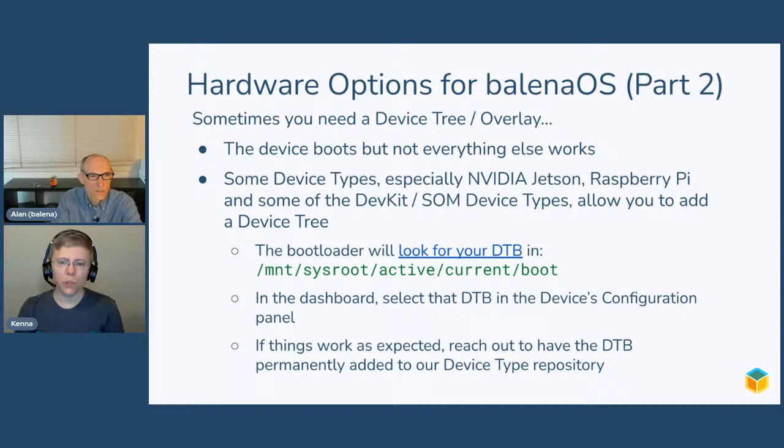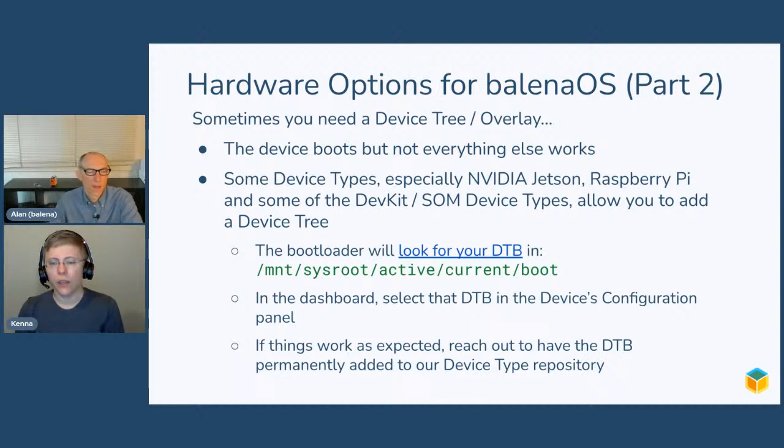But for some devices, especially some NVIDIA Jetson devices, some of the dev kits for IMX8, that sort of thing, you have the ability to add a DTB from the manufacturer into a folder that the bootloader will find.